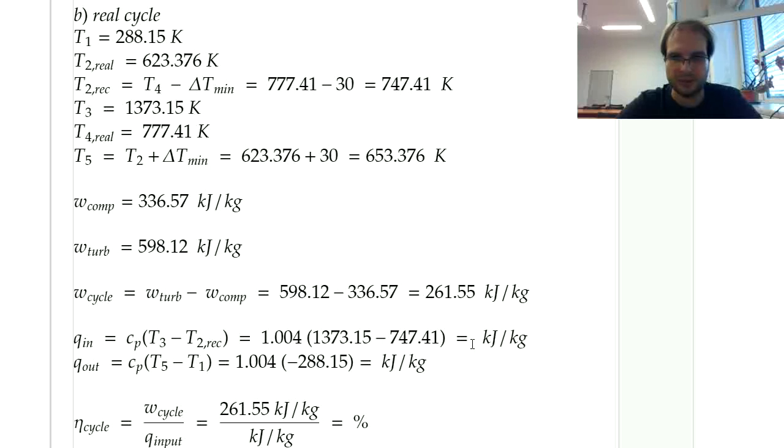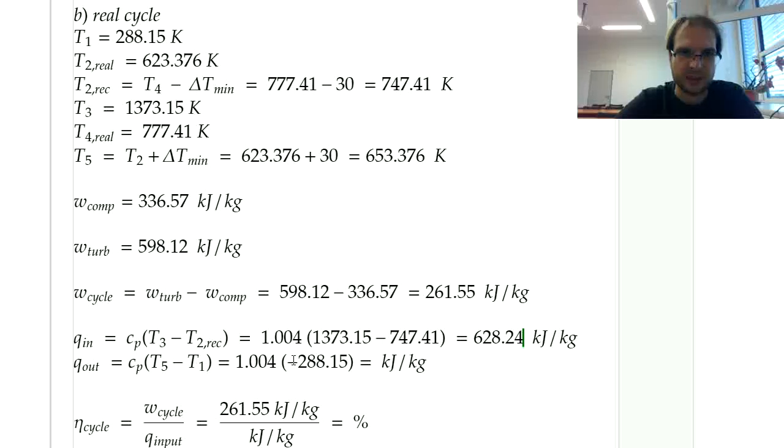And the heat input thus will be lower, and it will be 628.24 kilojoules per kilogram. The heat rejection doesn't take place anymore between the outlet of the turbine and point 1 at the beginning, but between the outlet of the recuperator, point 5.